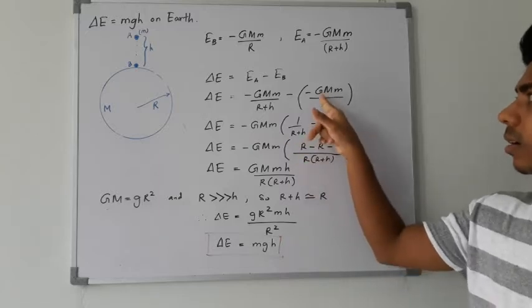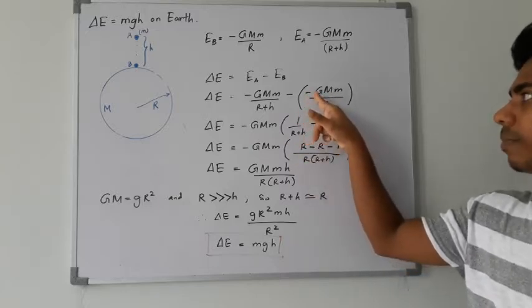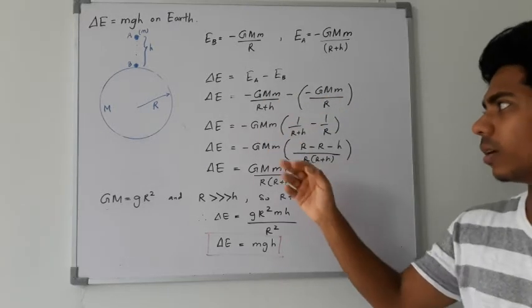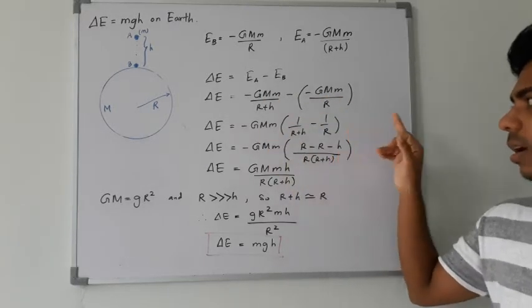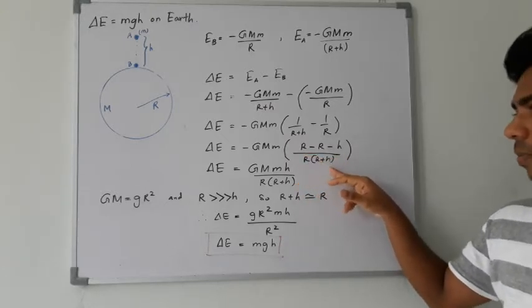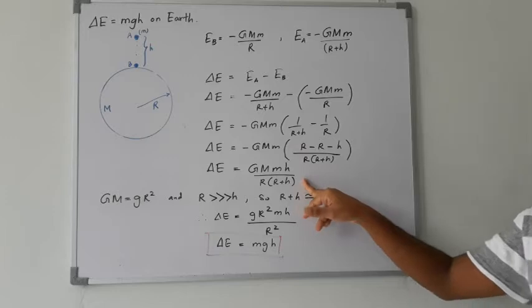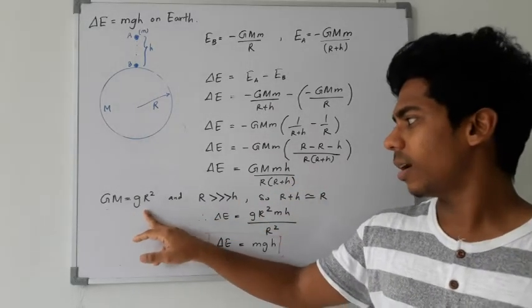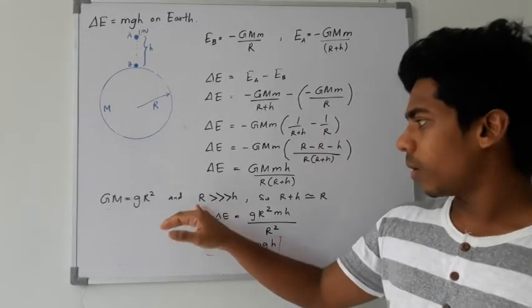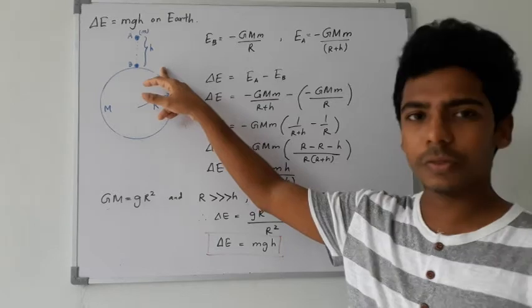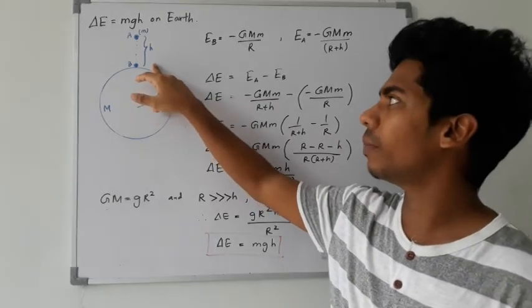So here minus GMm is common in both terms, so I can take that out, then I get this equation. And taking a common denominator, that equation will simplify to this. And we know GM is equal to gR squared, and a very important thing, here the radius of the Earth is much larger than the height to which the mass is moved.